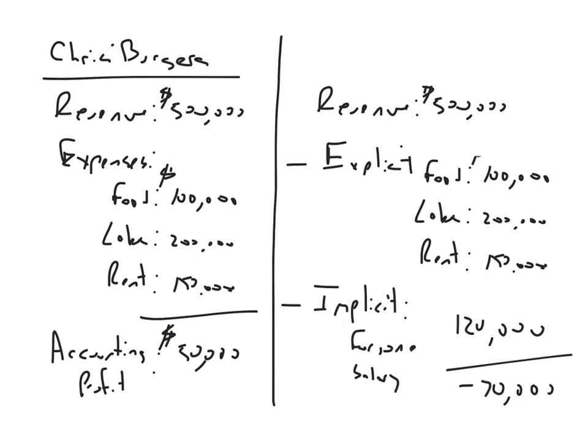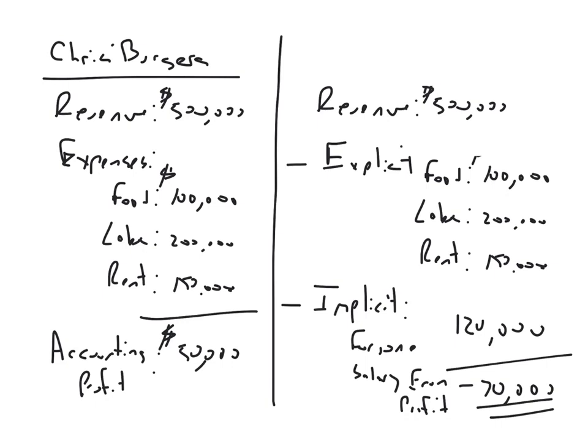So this negative $70,000, this is the economic profit, or in this case, an economic loss. So from an economic standpoint, my firm, my restaurant, experienced a $70,000 loss.